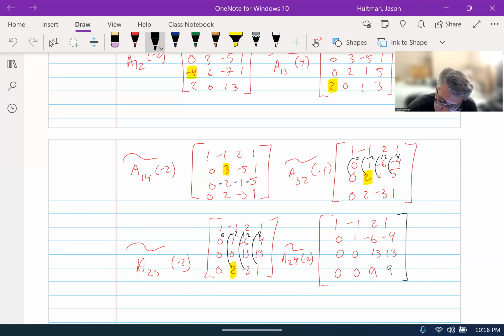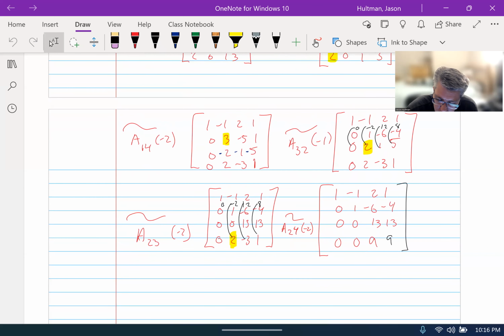Okay, so now what I want to do is let's work on getting 1s along the diagonal. So I'm going to multiply row 3 by 1/13. That essentially is just dividing that row by 13.